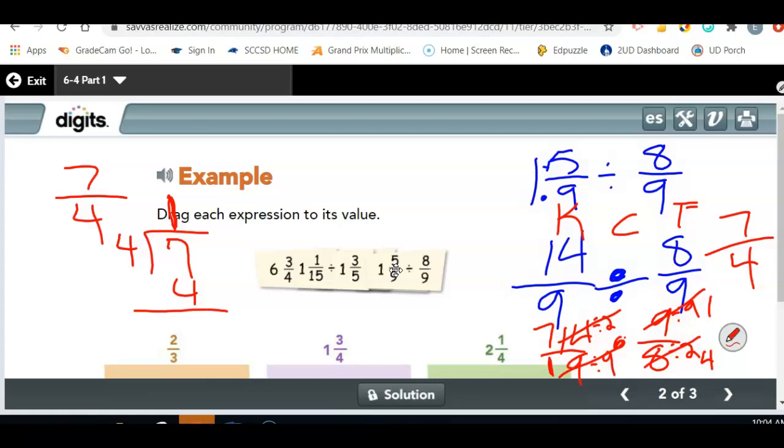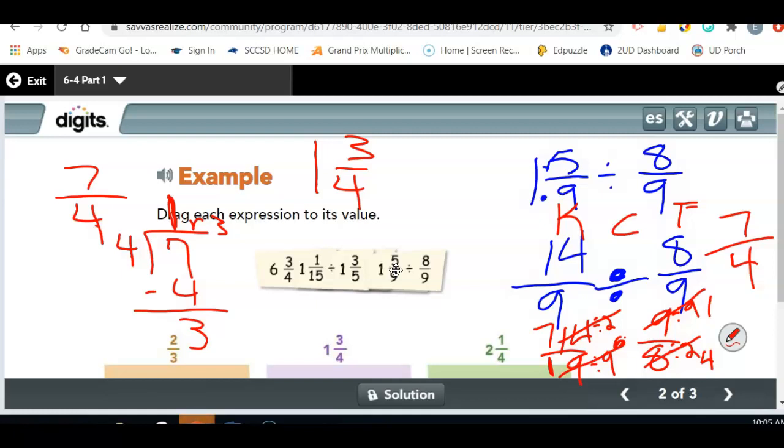That's 4. I subtract, I get 3. Remainder 3. What is it as a mixed number? Jackson. 1. The remainder is the numerator, so it should be 3. The denominator stays the same. 1 and 3/4.